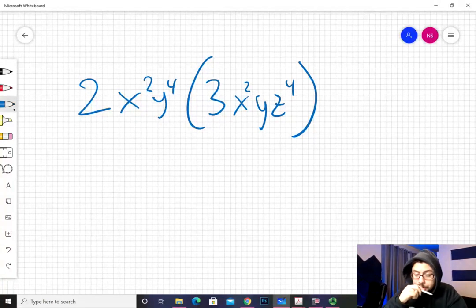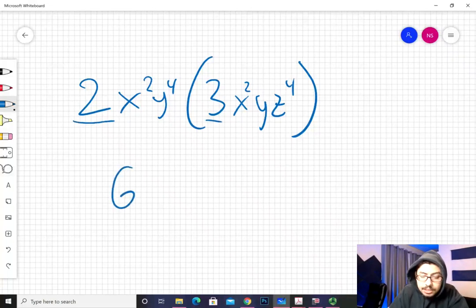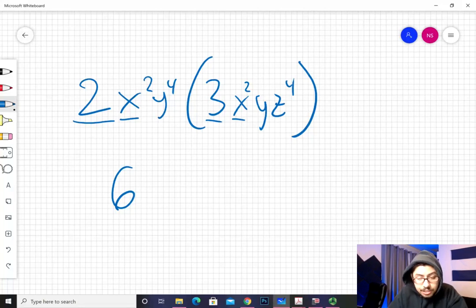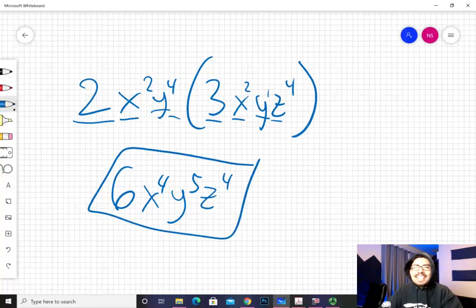If you recall, you would multiply the numbers, 6, and then you'd start adding the powers of any matching variables. So 2 plus 2 gives x to the power of 4. Y to the power of 4, plus the invisible 1, gives me 5. And then any non-matching letters just get brought down exactly the way they are, and that was that, right?